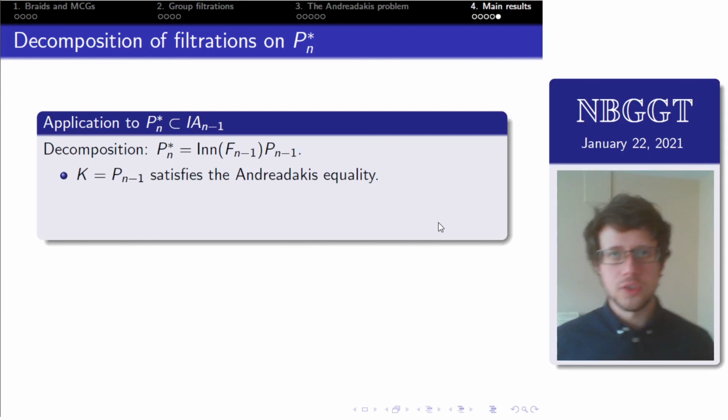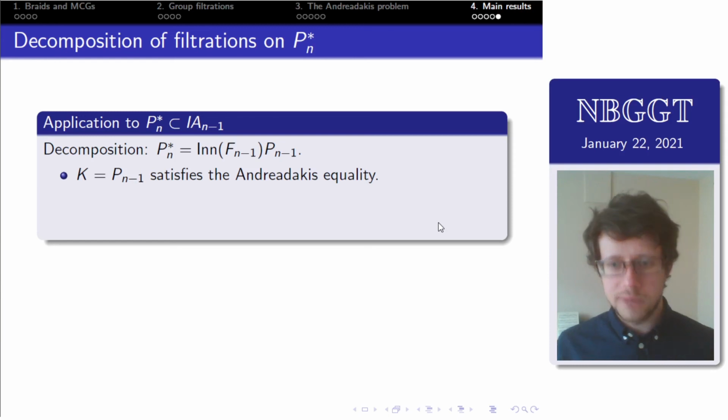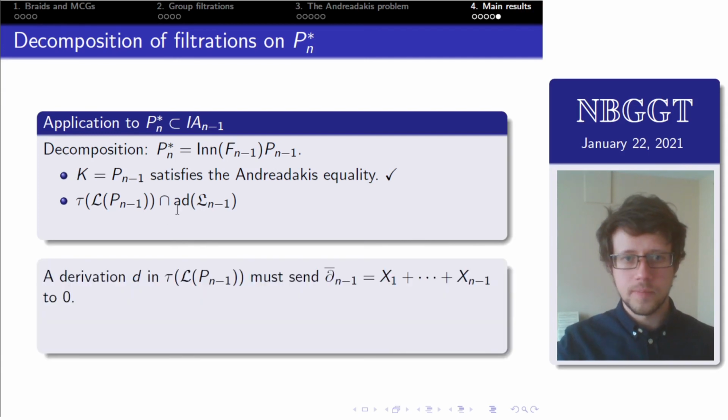which could be deduced from work by Habegger, Masbaum, and Mostovoy, Vellerton. So this is true. And so we have to check the technical condition. So let us see if we have some element here, which is in this intersection.